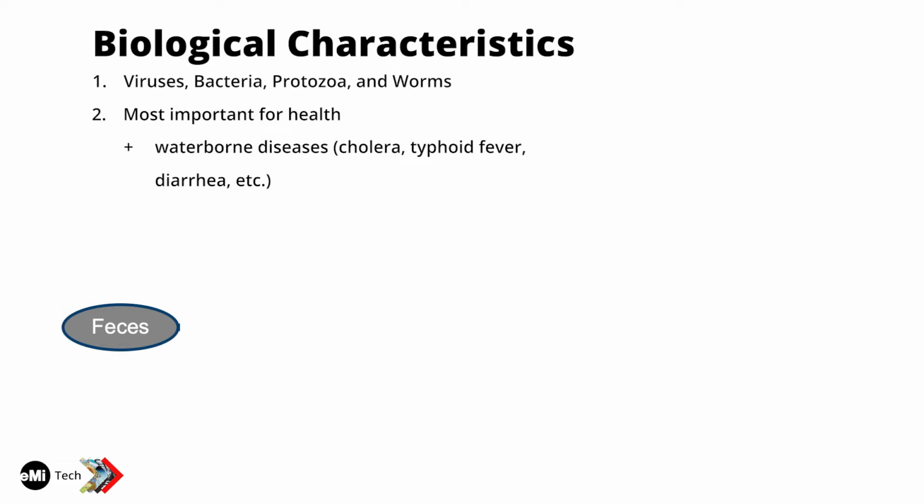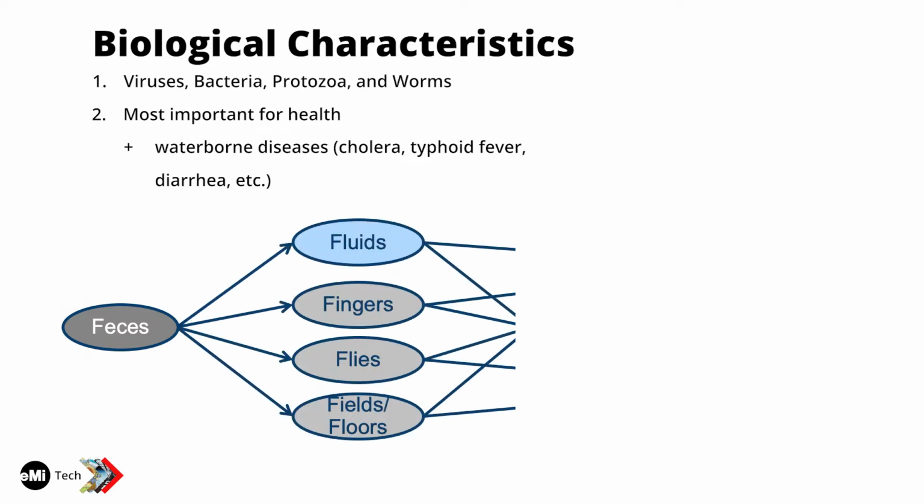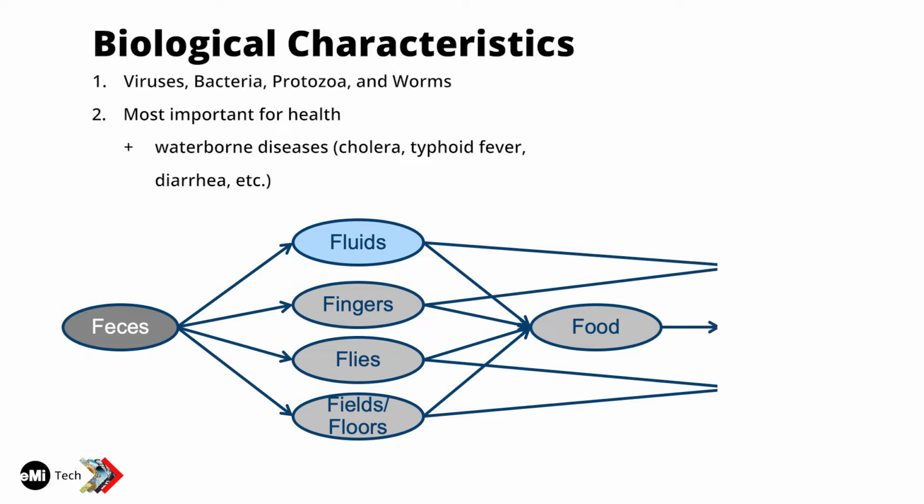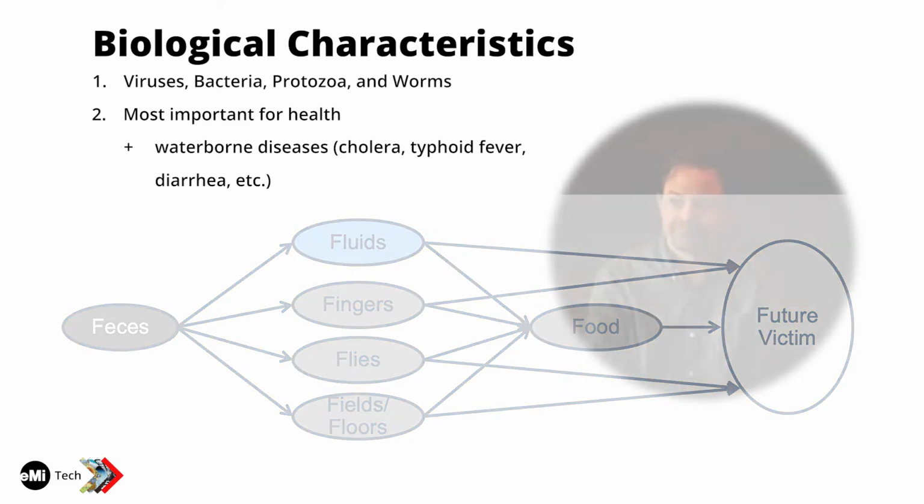And then if somehow you end up consuming water that's contaminated by those wastes, you end up getting those waterborne diseases. And in fact, feces can take multiple pathways to make people sick, as shown in the diagram you see there. But water is an important one of those pathways, whether it's consumed directly or whether it's by the route of food.